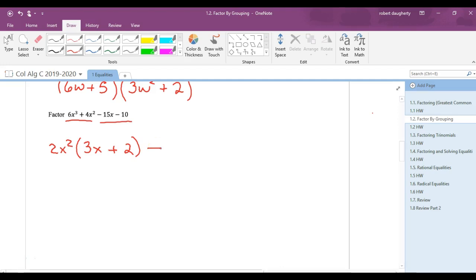Now, what can be factored with a 15 and a 10? 5, okay? But you have to keep in mind, I'm factoring out a negative 5 here, okay? So, what do I multiply negative 5 by to get a negative 15? 3. And there's also an x there. What do I multiply negative 5 by to get a negative 10?